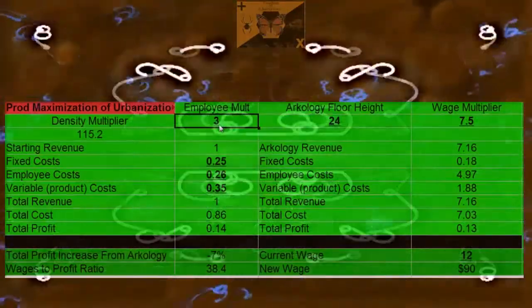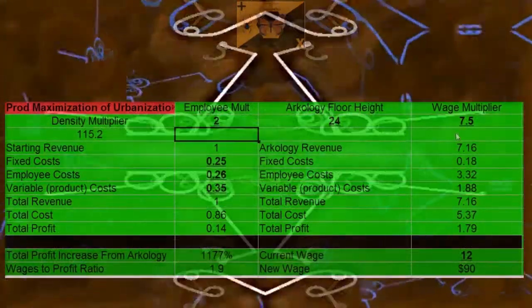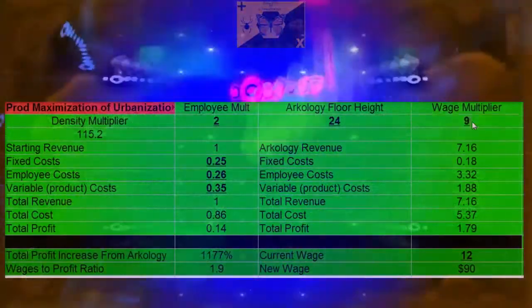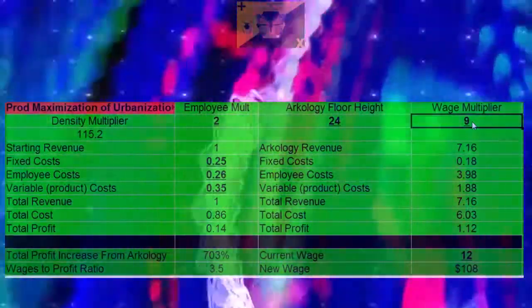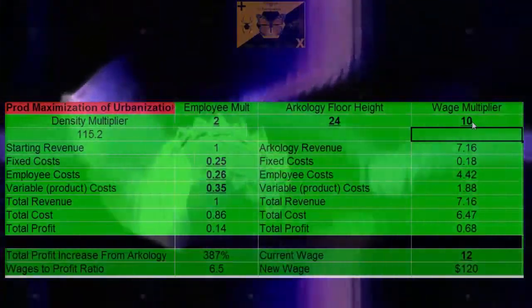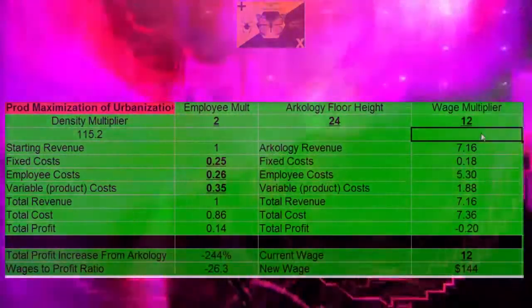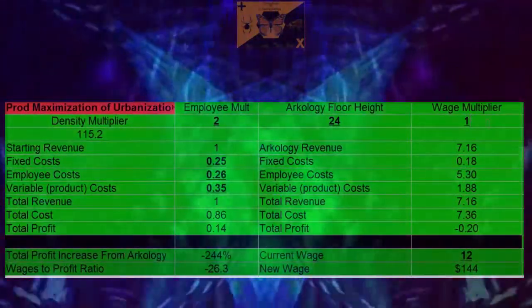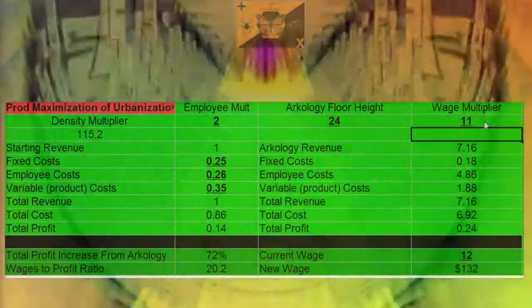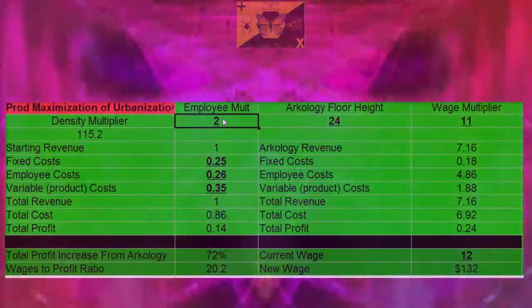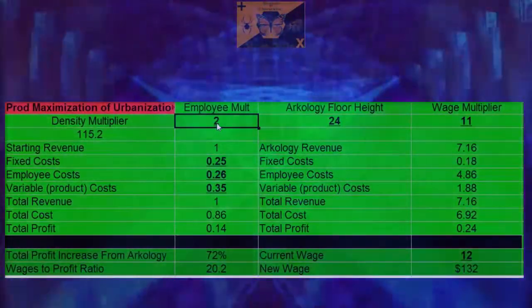Oh, because I'm going from 2 to 3. So if this is a 2, we can get up there. 120. Oh, no. 132. You would be very busy though with only a 2x employee multiplier.